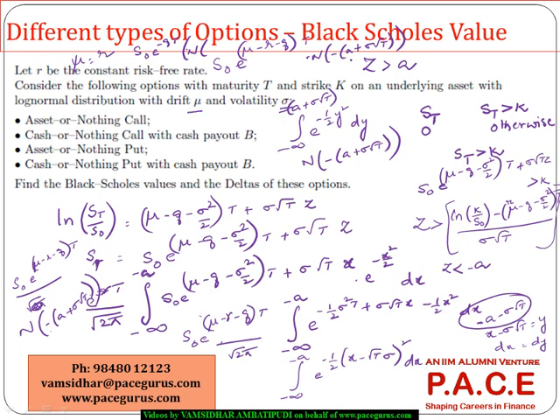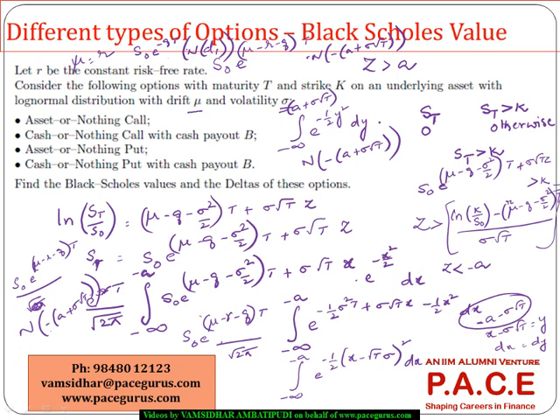So it is directly coming out as N of d1. So it would have directly given me S naught e power minus qt N of d1. Whereas because I am having a mu and r separate, I am going to get this kind of an expression.